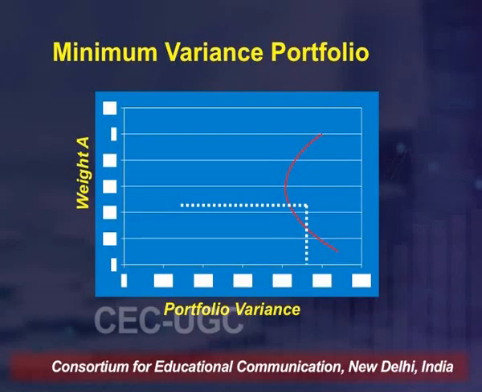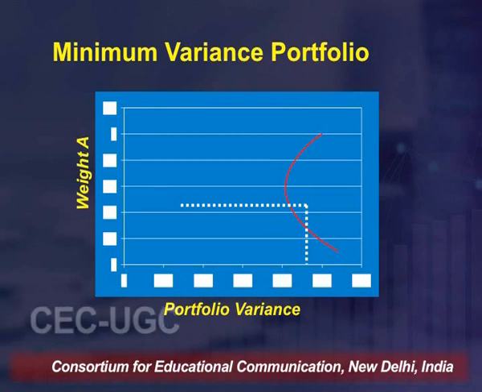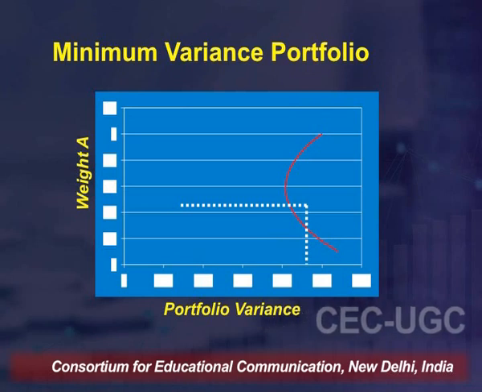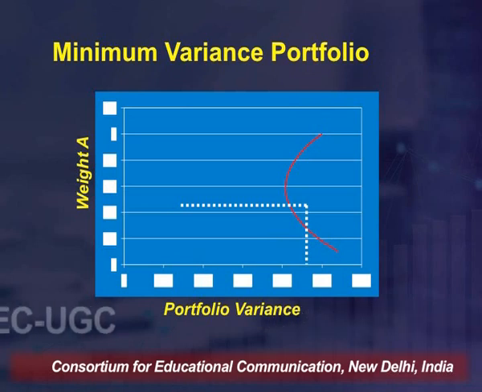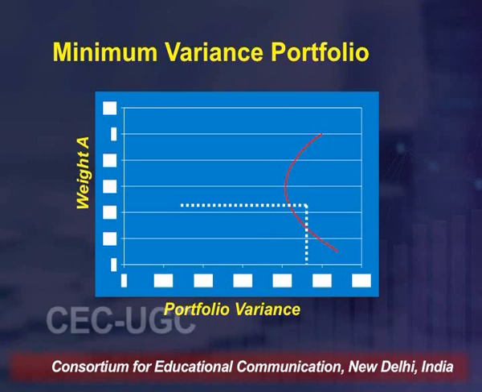So if we look at this diagram which is visible here, on the x-axis we have the portfolio variance, and on the y-axis we have the investment to be made in stock A. As you can see here, the variance is minimum when we actually invest 59.07% in stock A. So when the weightage is 59.07% in stock A, we are actually minimizing our portfolio variance.